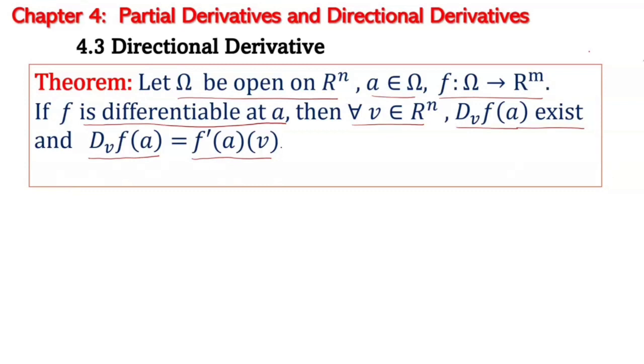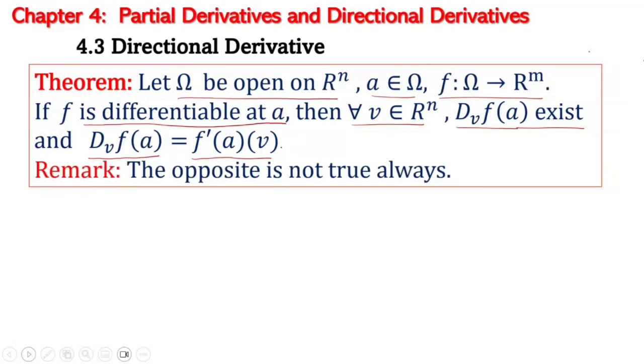Therefore differentiability implies the existence of directional derivatives, but the opposite is not true. Having a derivative in a particular direction does not guarantee that the function is differentiable at the point a in all directions.